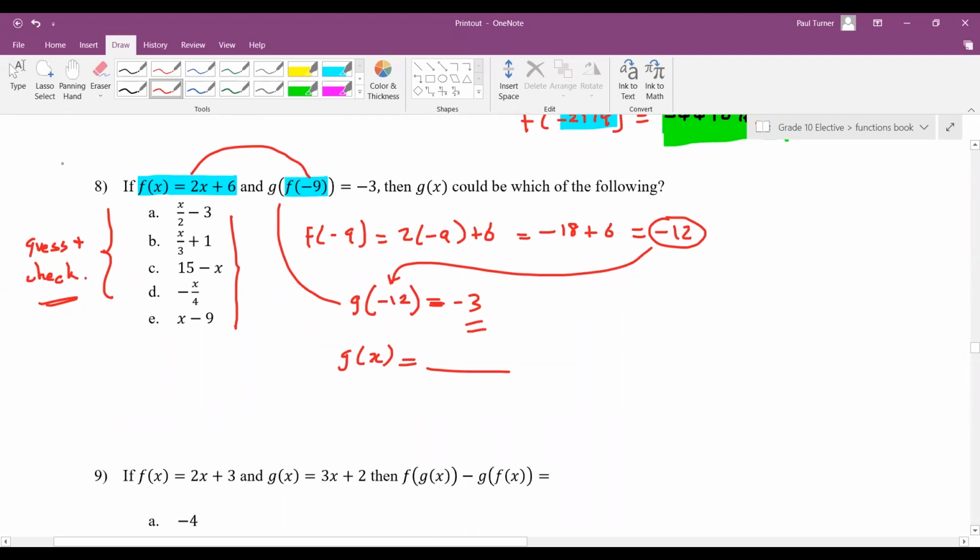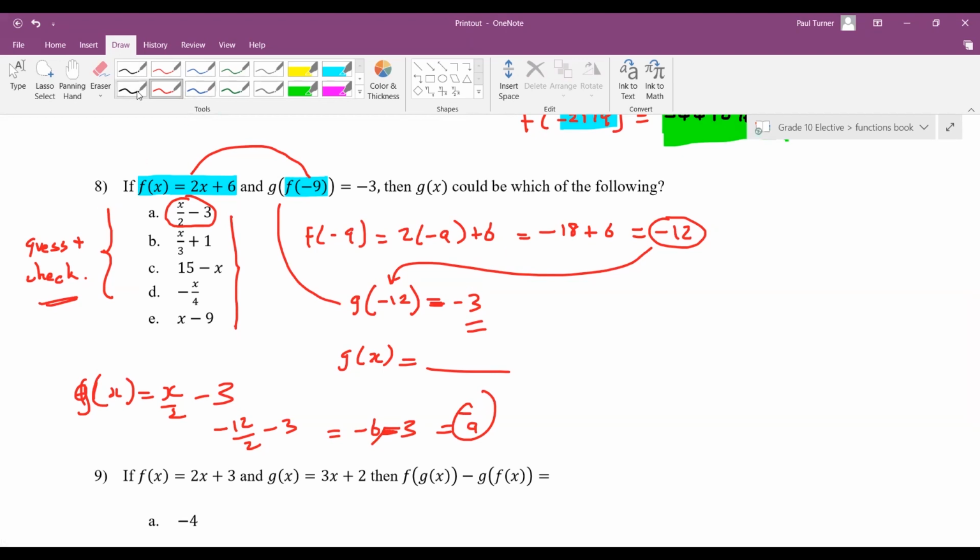For example, if you check the first possible function. So if g(x) is x/2 - 3, when you put -12 in here, we'll get -6 - 3, which is -9. So that's wrong. We're trying to get -3. So this one, no. Okay, and then we try the next one.